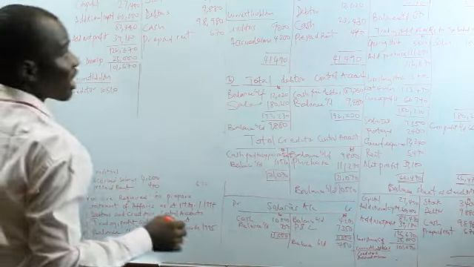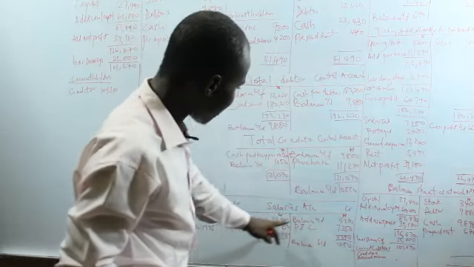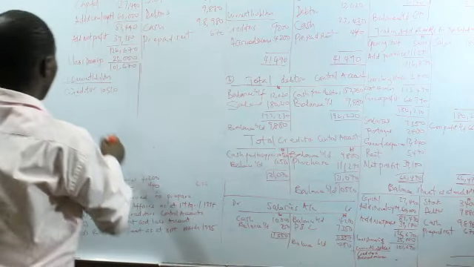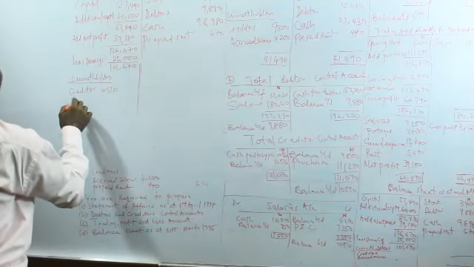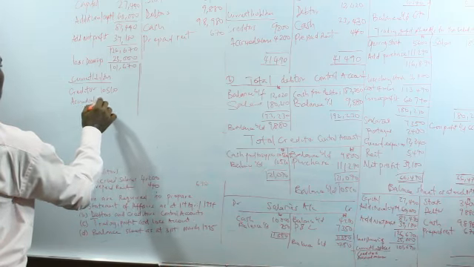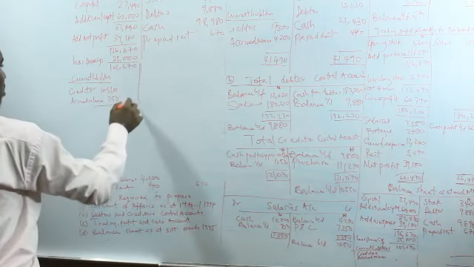Salaries accrued, a liability with a closing balance of 750. So accrued salary 750. When we add that, it gives us 11,260.